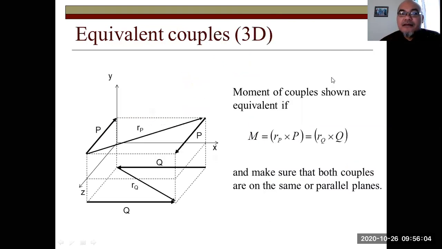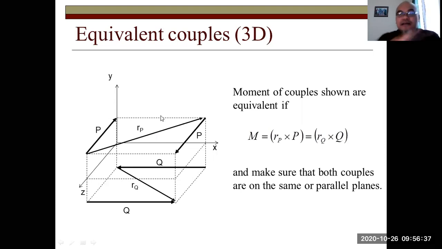So we can have equivalent couples in 3 dimensions. Moments of couples shown are equivalent if RP, the vector between the beginning points of the two forces, cross P equals RQ cross Q. The two couples have to be on the same or parallel planes.